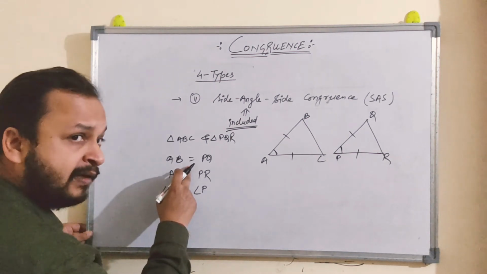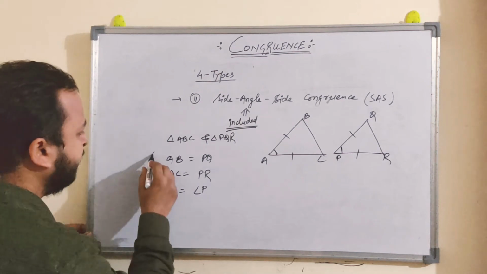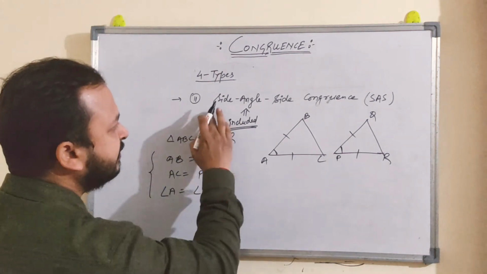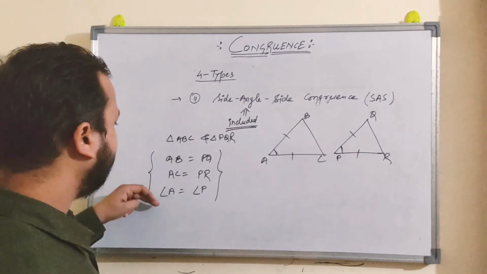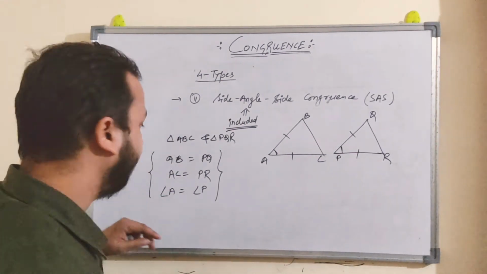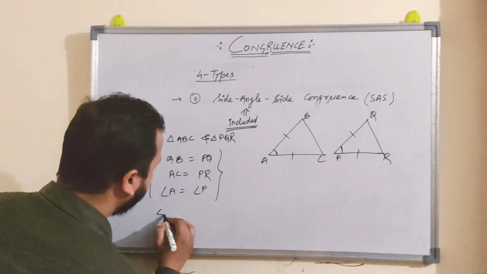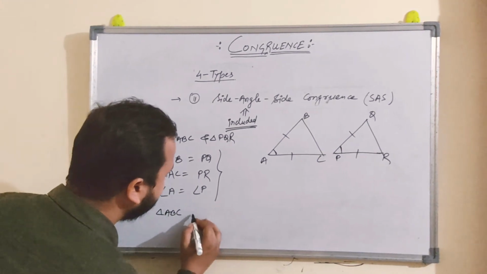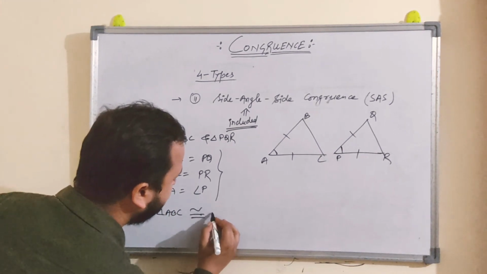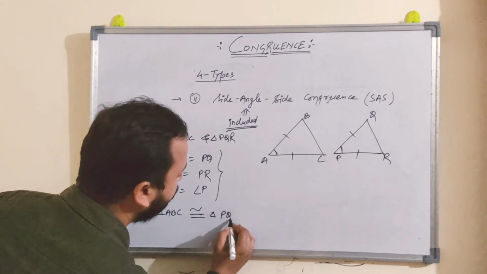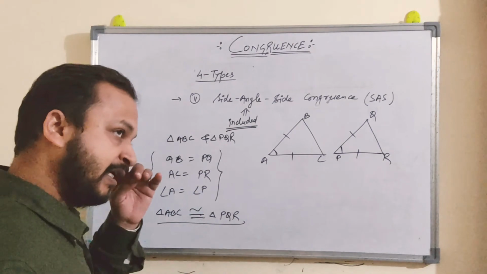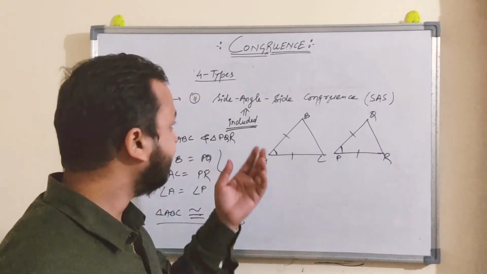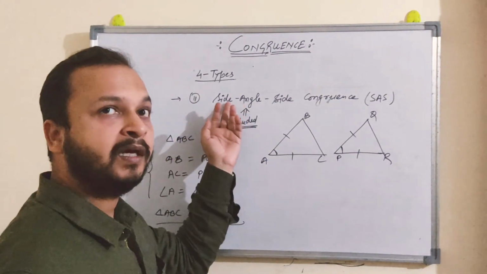It is not necessary to follow the pattern like this, side angle side. You can write either of the things above or below, right? So triangle ABC is congruent to triangle PQR. So this thing you have to remember, that this angle must be included.